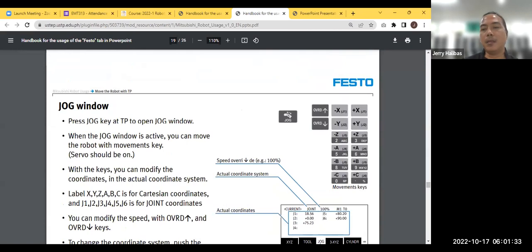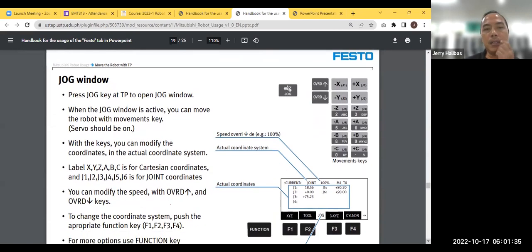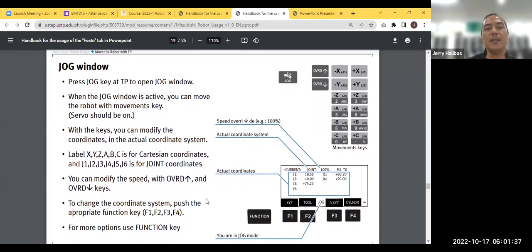Okay? So when you jog, of course, the servo is on and TB enable is on. You will also see this menu. By default, you will see XYZ, tool, XYZ, then cylinder.